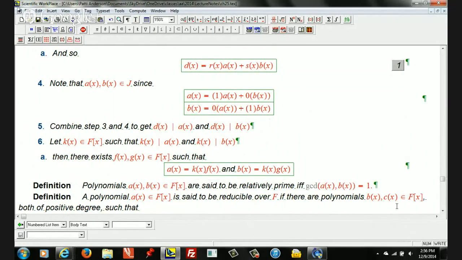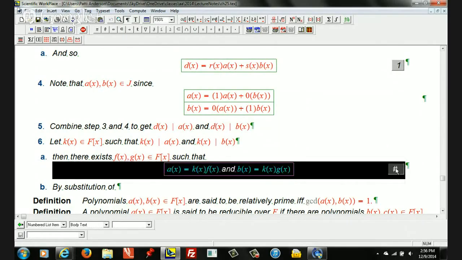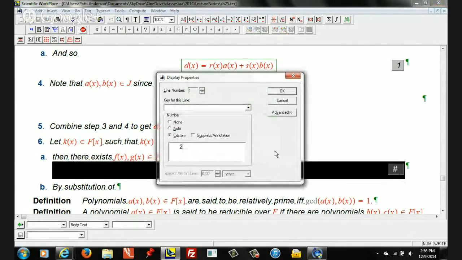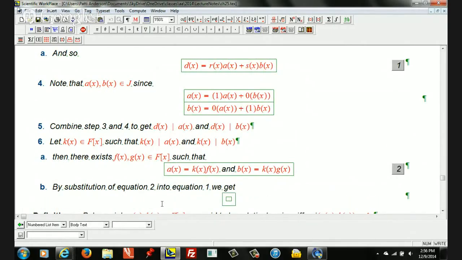So by substitution of equation 2 into equation 1, you're going to have d of x equal to r of x times k of x f of x, plus s of x times k of x g of x.